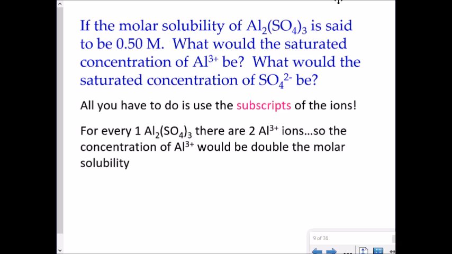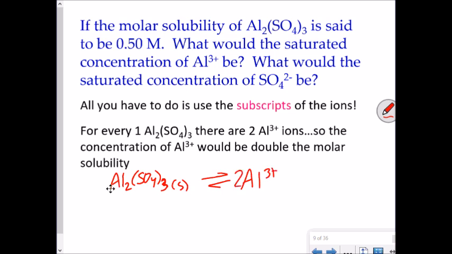And what would be the saturated concentration of the sulfate? Once again, this is back to Unit 1 stuff. Al2(SO4)3 is your solid here, and it's going to form 2 ions of the aluminum and 3 ions of the sulfate.